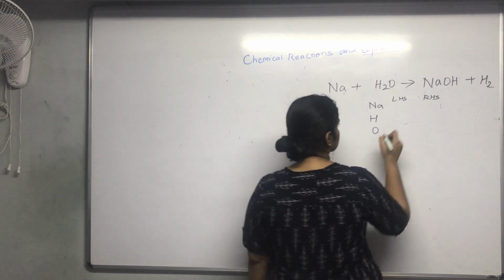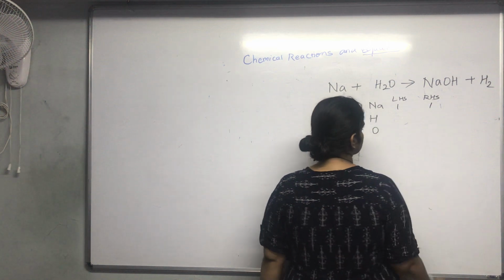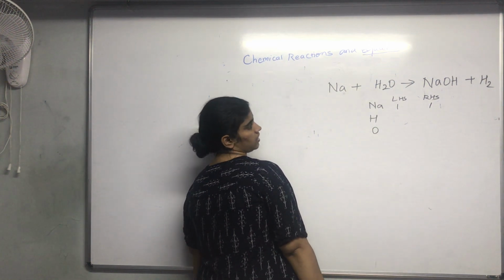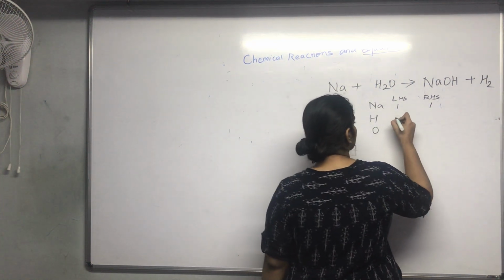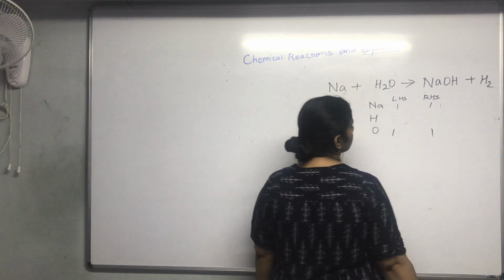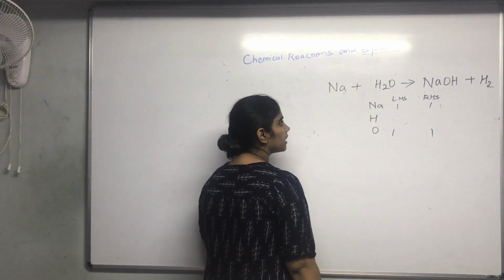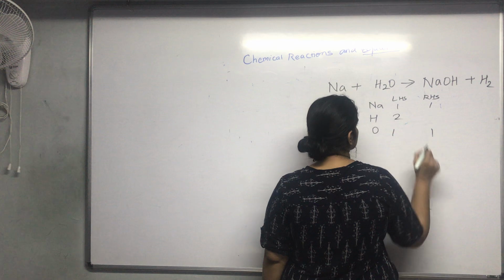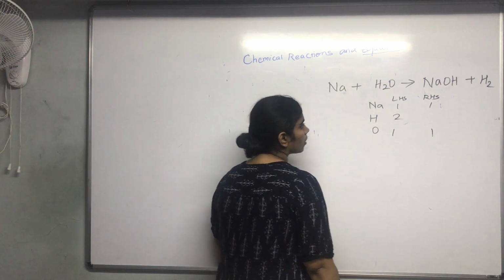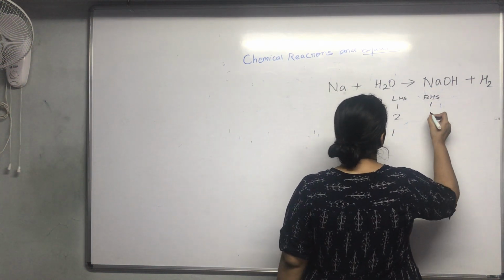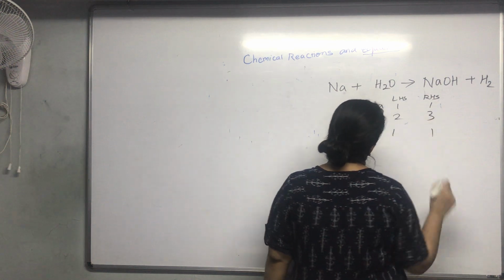If you can see, there is one sodium on both the sides, one oxygen on both the sides. But hydrogen, there are two atoms of hydrogen on one side along with three atoms of hydrogen on the other.